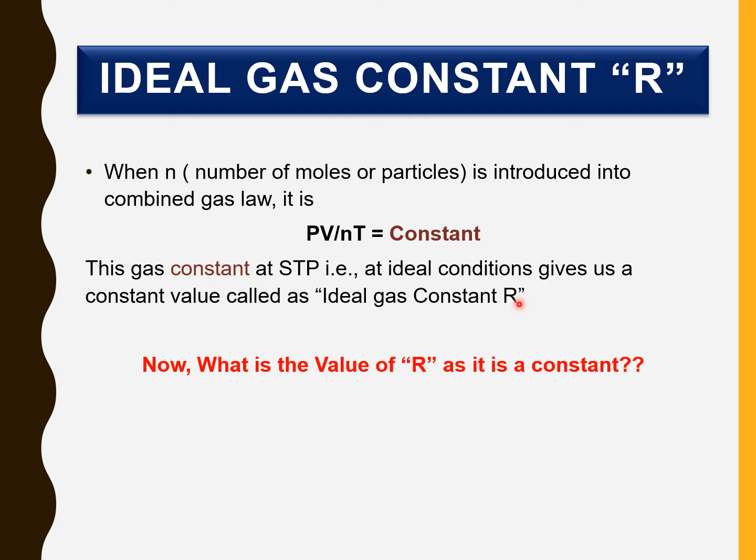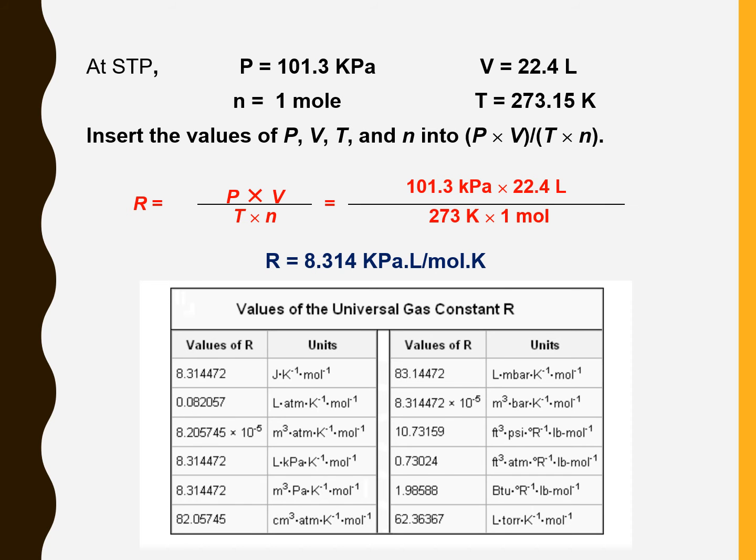What is the value of R? We can derive it from the combined gas law by introducing n. We know the standard pressure, the standard volume which is 22.4 liters, the standard temperature, and the number of moles, which is 1 mole.